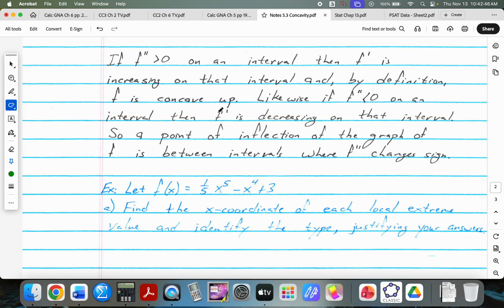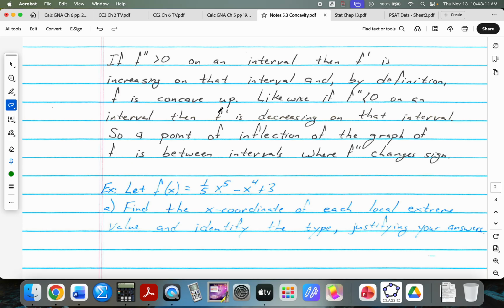If f double prime is greater than 0 on an interval, so when the derivative of something is positive, that means that the function that it's the derivative of, in this case, f prime, is increasing. And then by definition, f is concave up.